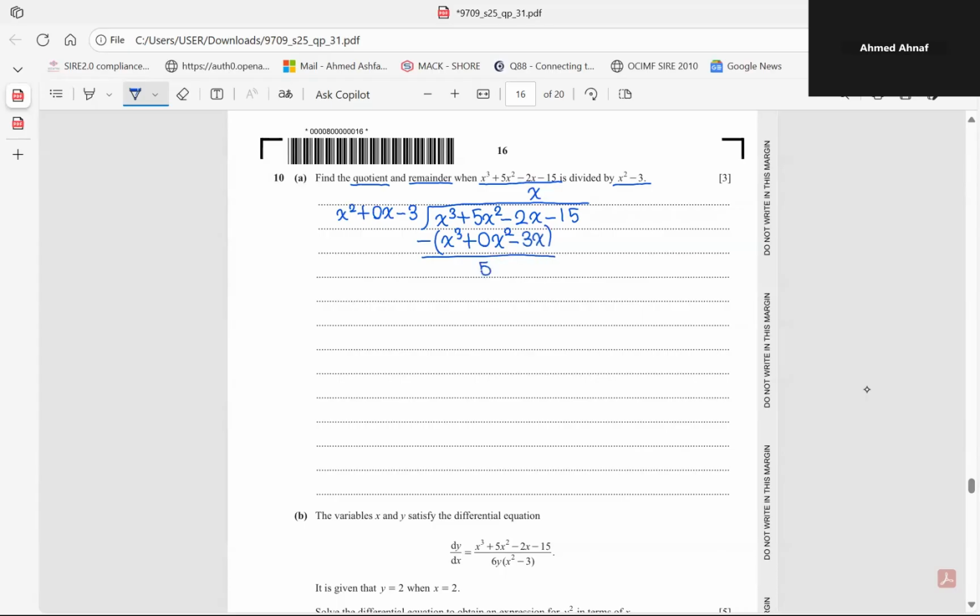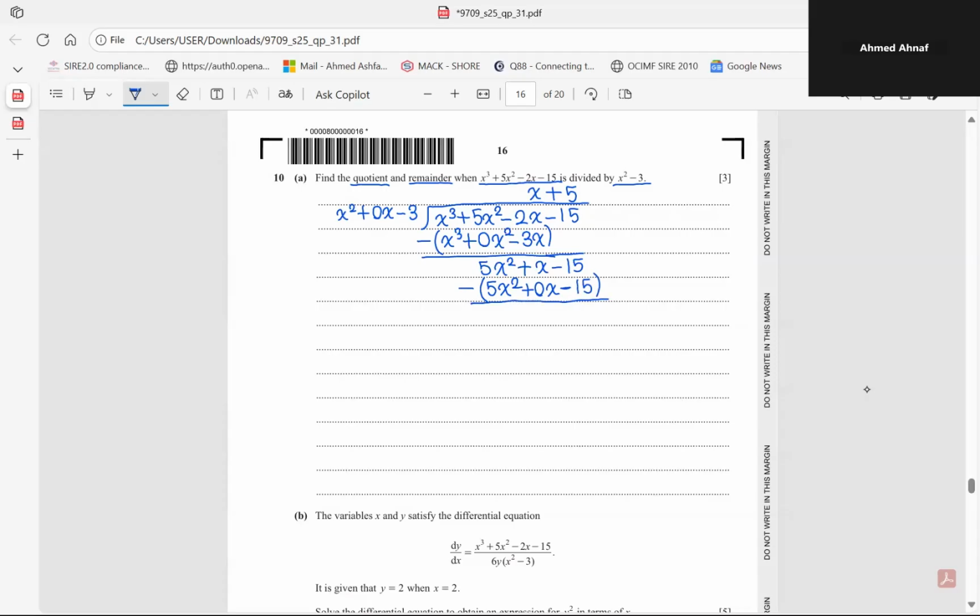So this one is 5x squared minus 2x plus 3x, that's plus x, minus 15. Okay, and then to make the coefficient 5x squared, we have to multiply by 5. So doing that, we get 0x, and minus 3 times 5, which is minus 15.